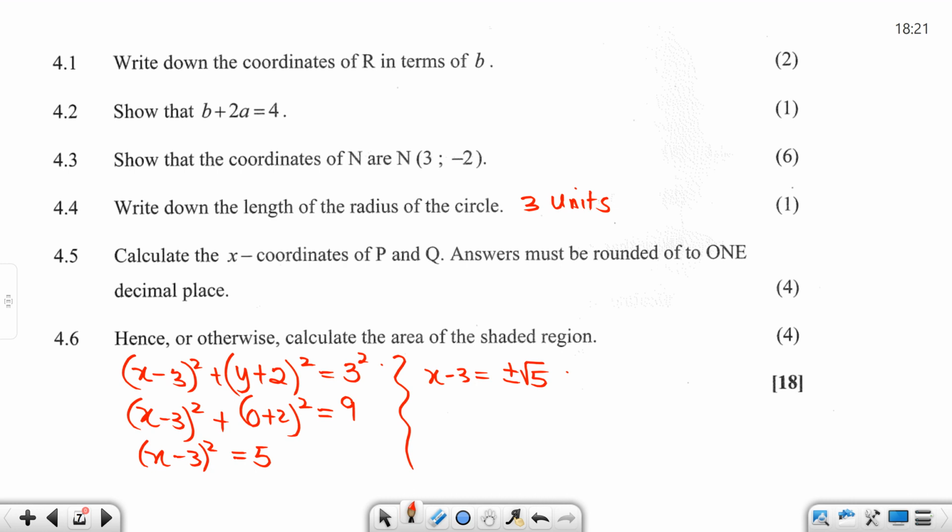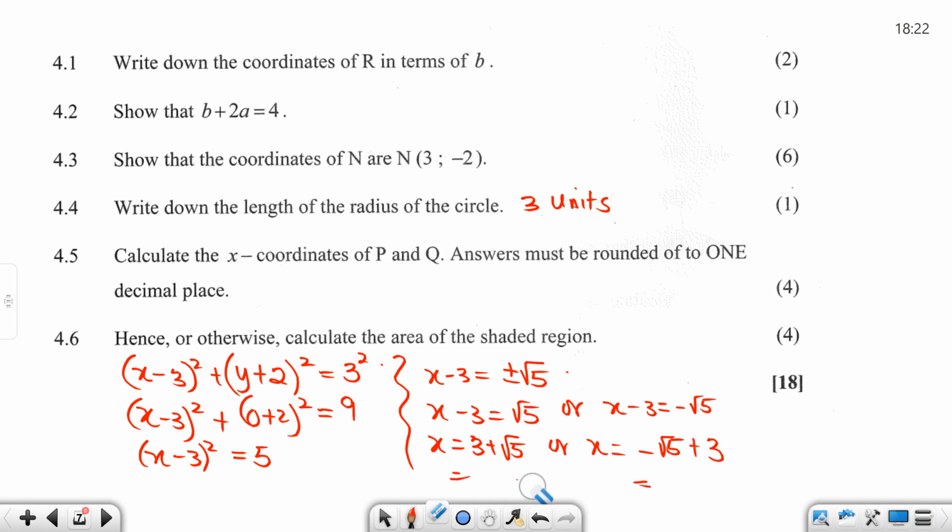If I look for the square root, I must use plus or minus. You can expand, we're going to get the same answer. So x minus 3 equals to root 5, or x minus 3 equals to negative root 5. If I move this over, x equals 3 plus root 5, or x equals 3 minus root 5. Please put this in the calculators. Let's get our answer. Biggie, did my step confuse you?